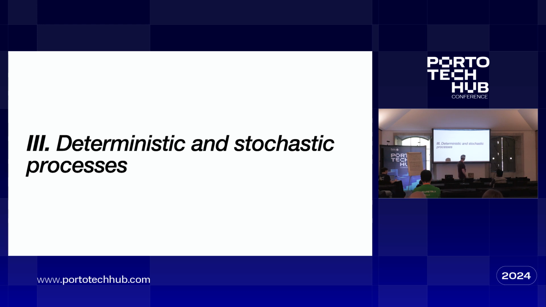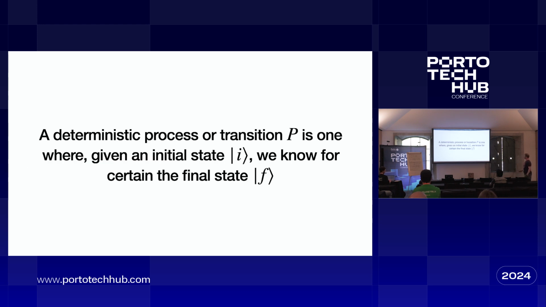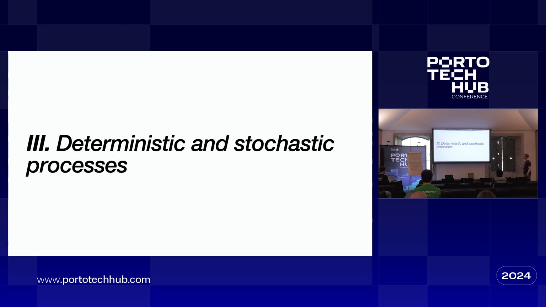Good. All right, so let's talk about processes. The main point I want you to get out of this section is not that you understand stochastic processes. It's not part of quantum, not really. The main thing I want you to get out of this is understanding how to write matrices and work with matrices in bracket notation, Dirac notation.